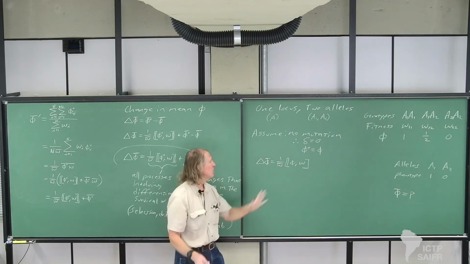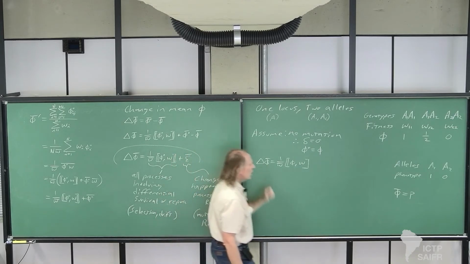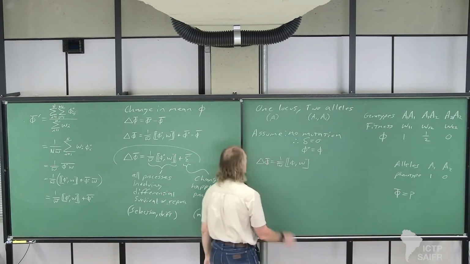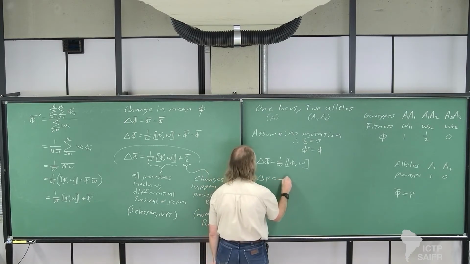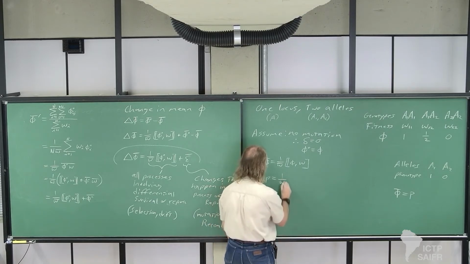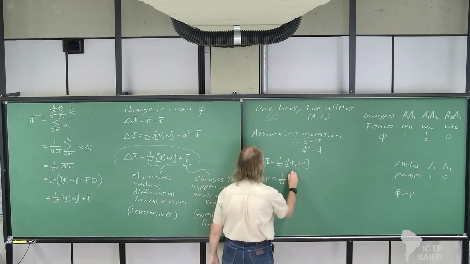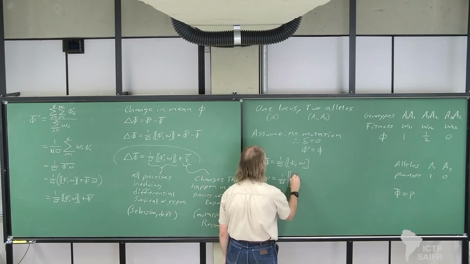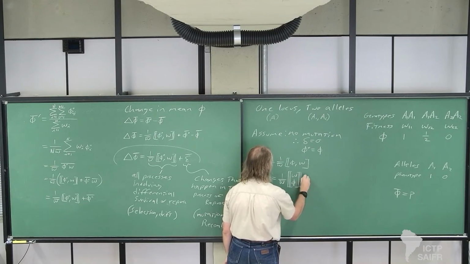In other words, no mutation. And phi bar is p. So I can write delta p, change in allele frequency, is 1 over W bar. And now I'm going to write this as a regression. Regression, fitness on phenotype, times variance in phenotype.